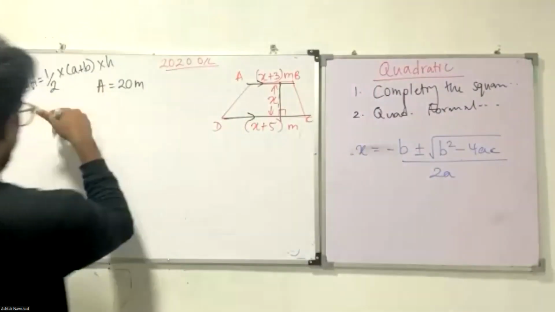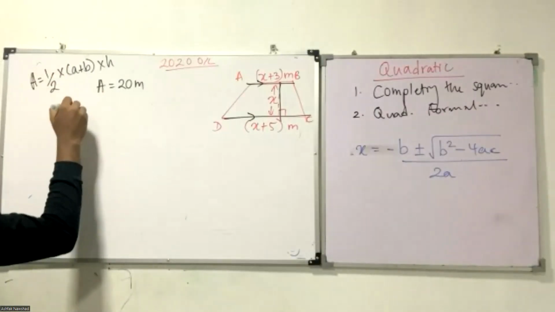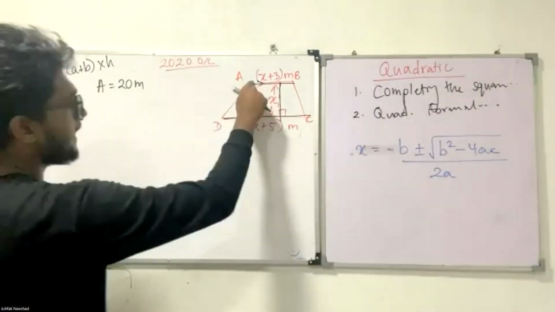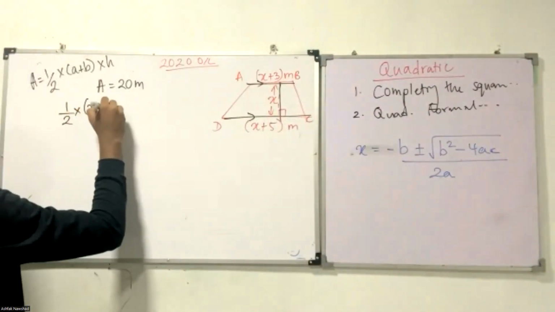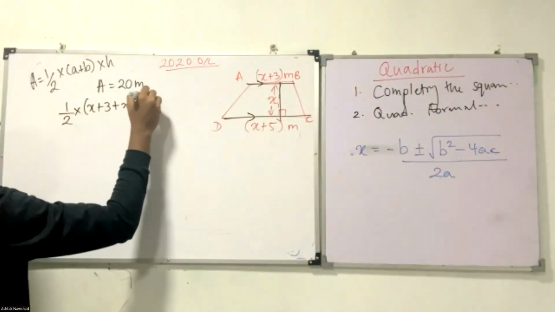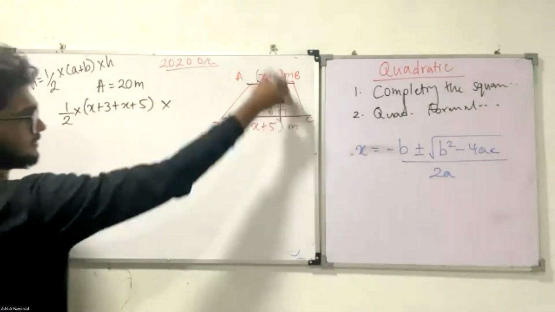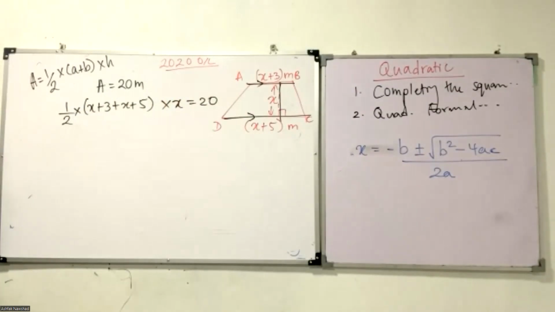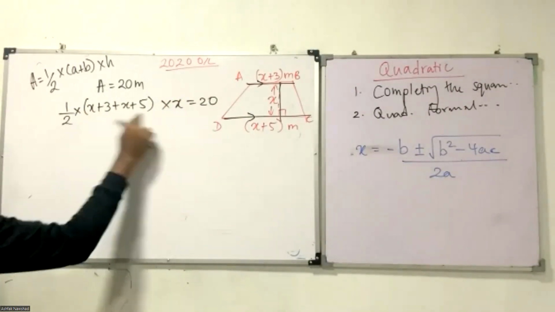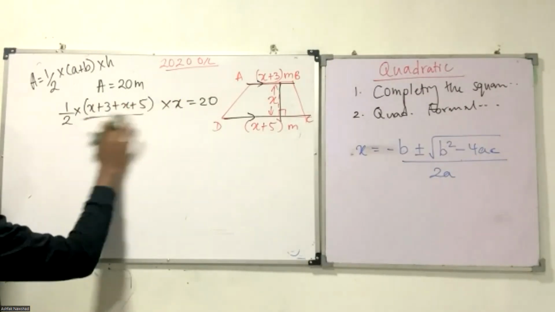Let's substitute the area. Area is half into a plus b. Here a is x plus 3 and b is x plus 5. So x plus 3 plus x plus 5 is a plus b, into height. The height is x. That is equal to 20. Let's simplify this bracket.